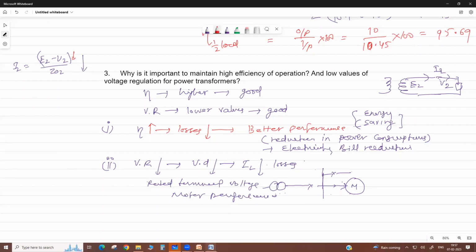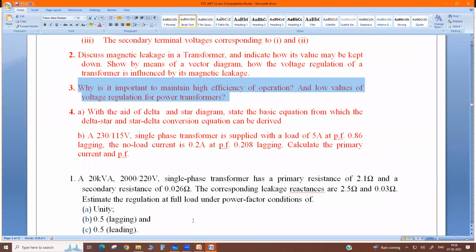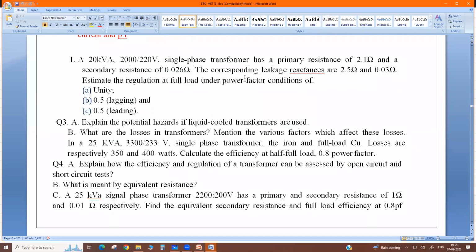Now a new question. All questions are complete now, but additional questions like 3-phase and others we also see here. There are a lot of questions you can practice. This is a 20 kVA transformer. They give the primary resistance R1, secondary R2, then leakage reactance X1, X2. Both terminal resistances and reactances are given.